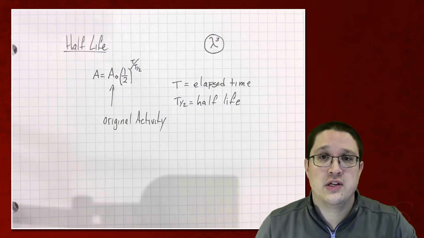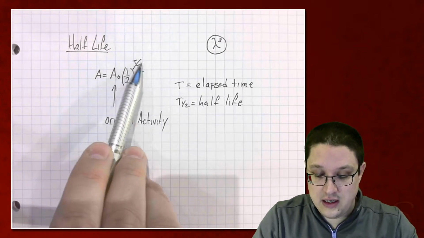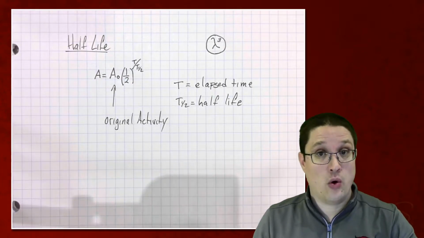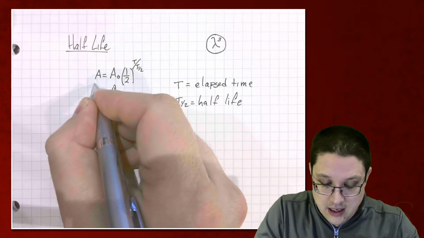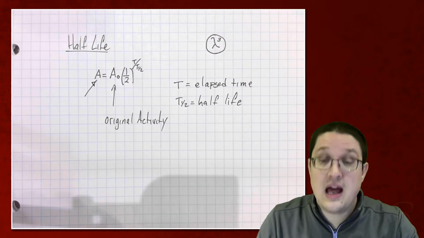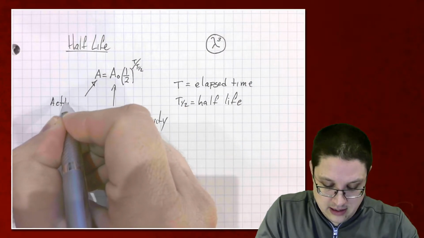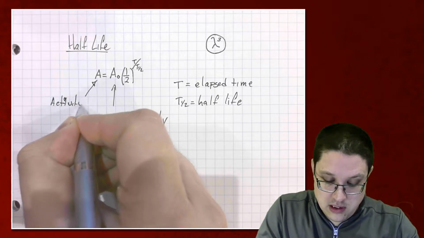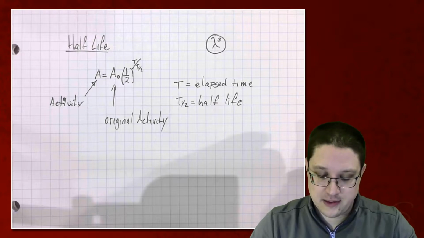Please note when you're using this formula to do your BEDMAS and your order of operations correctly, you'll need to do this division before you take 1/2 to the power of whatever that is. And this here is my activity after the elapsed time has passed.